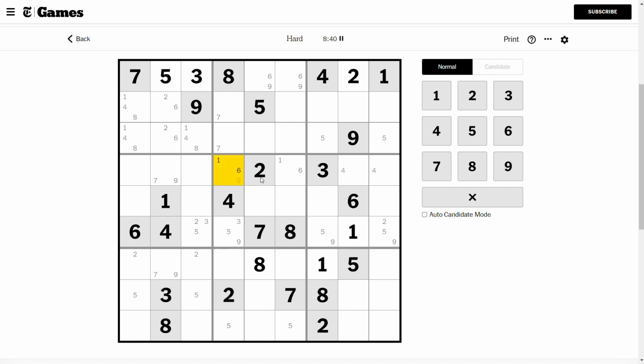So this 1-6 pair eliminates all other digits from these 2 cells, because in order to fit both 1 and 6 into block 5, these 2 cells have to be reserved for 1 and 6. So no other digits can go into these 2 cells, and that's why we say all other digits are eliminated from the 1-6 pair.